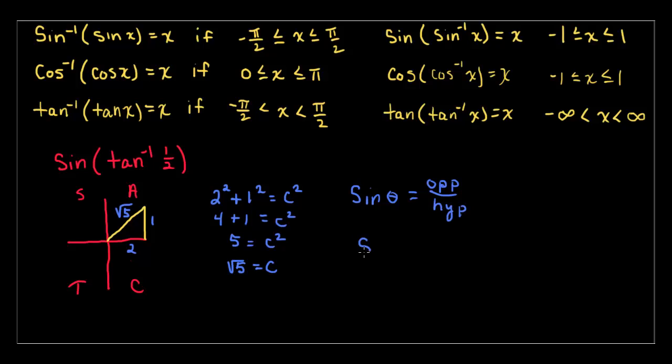So the sine of the inverse tangent of 1/2 is 1 over the square root of 5. Or, if we rationalize the denominator, square root of 5 over 5.